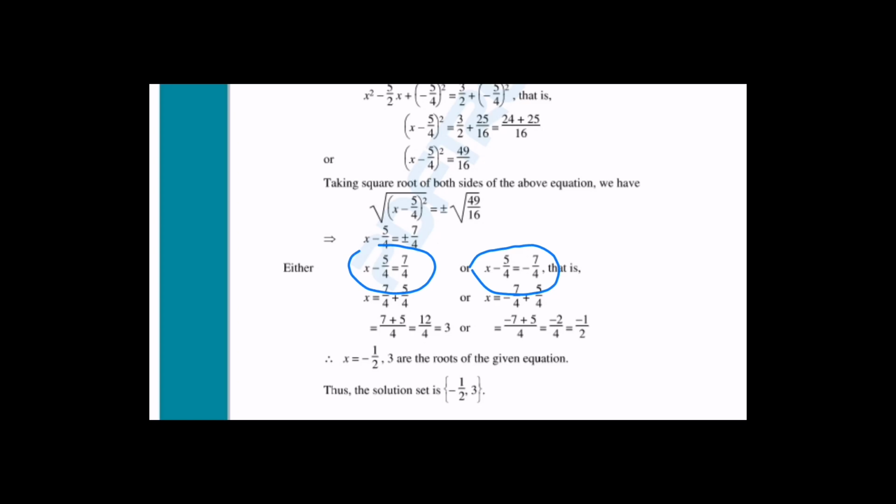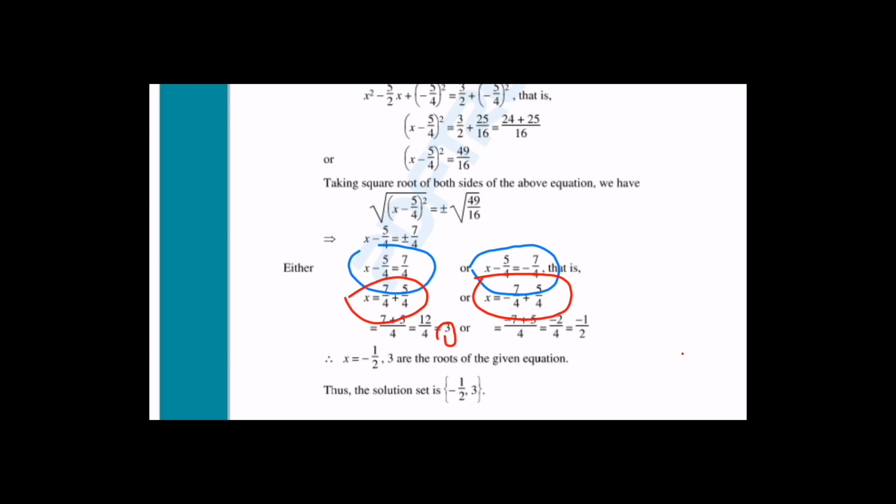Here x is equal to 7 by 4 plus 5 by 4. Now by taking LCM and simple simplification we get x is equal to 3, and here x is equal to minus 7 by 4 plus 5 by 4, because we shift minus 5 by 4 from the left hand side to the right hand side.